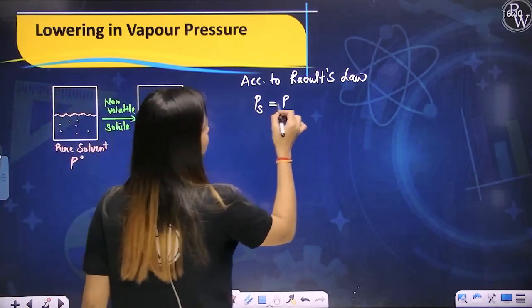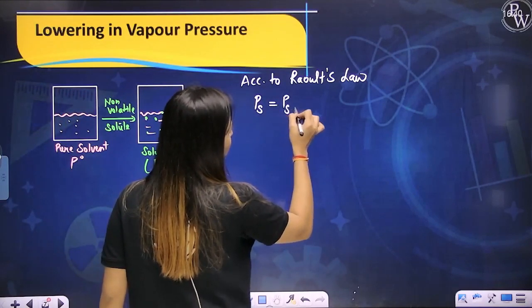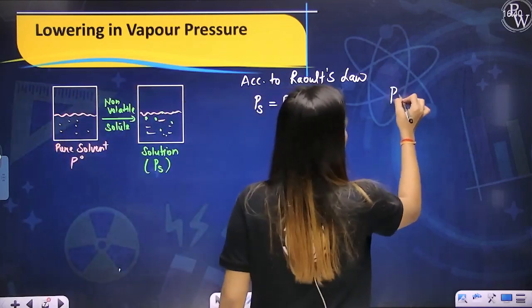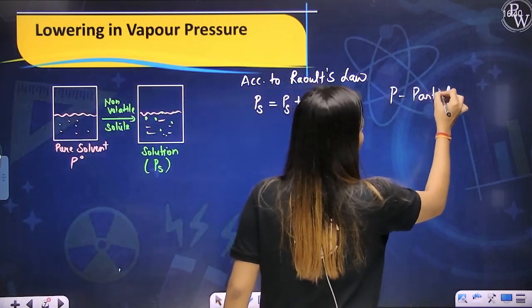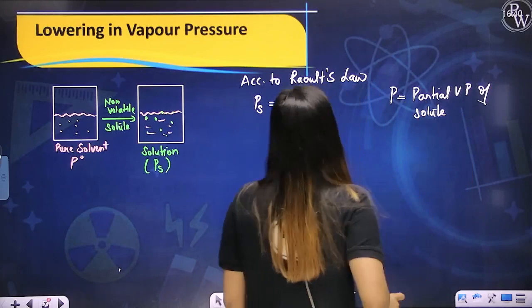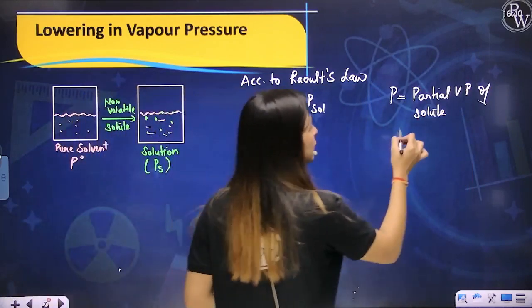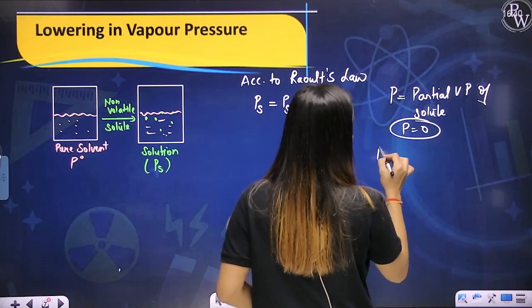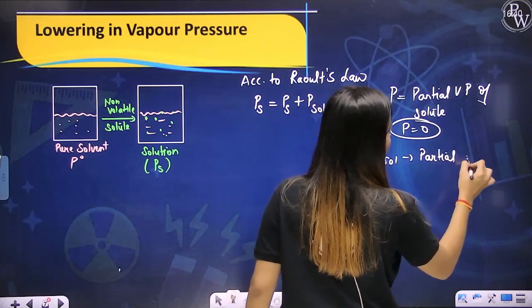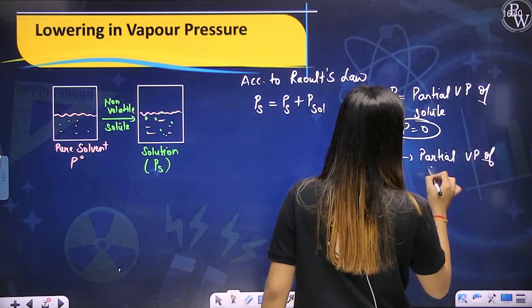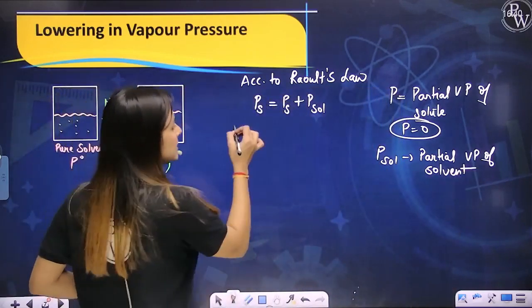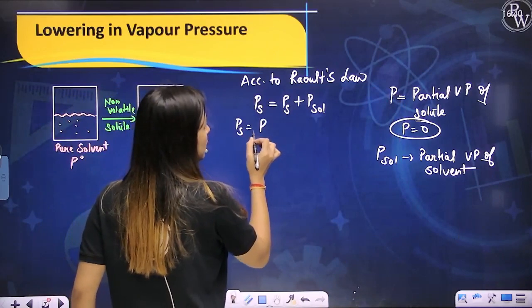Let P dash be the partial vapor pressure of solute. Since the solute is non-volatile, we know that P dash is equal to 0. And P sol is the partial vapor pressure of solvent.